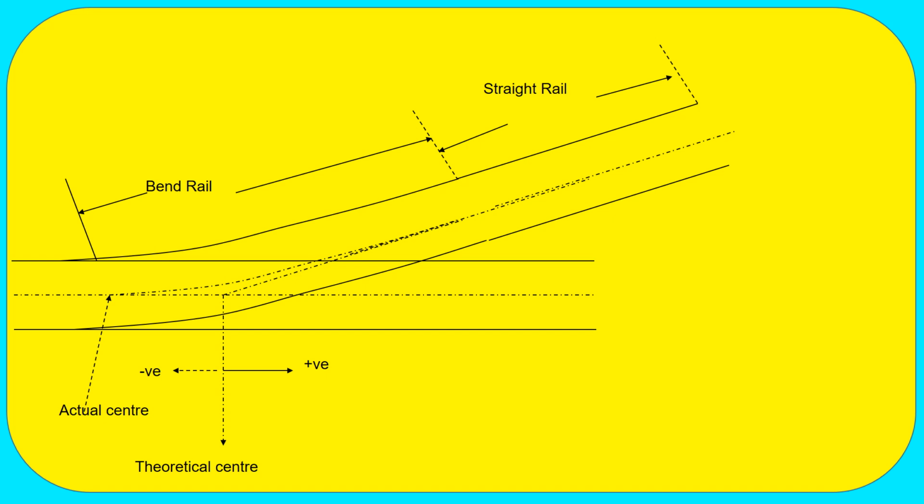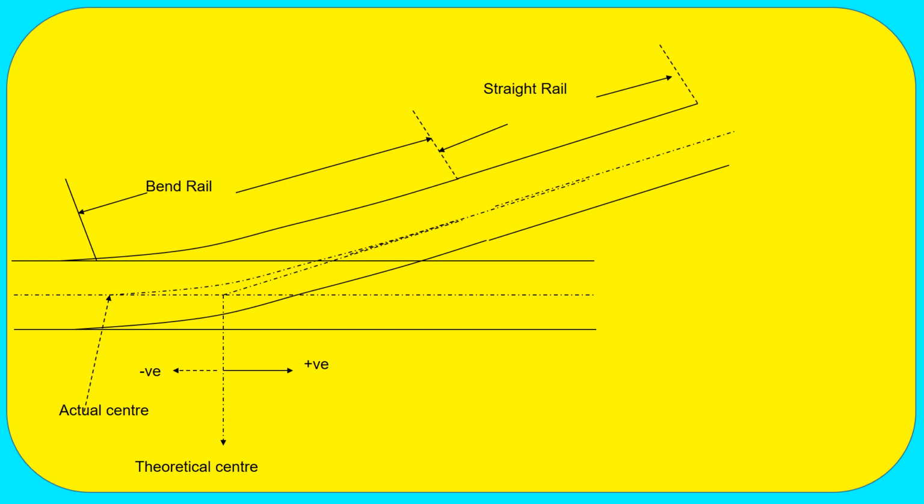Here it takes a smooth changeover from mainline OHE to turnout OHE. When the train moves on the mainline, it will not touch the turnout OHE, because the turnout OHE is 5 centimeter above the mainline OHE.